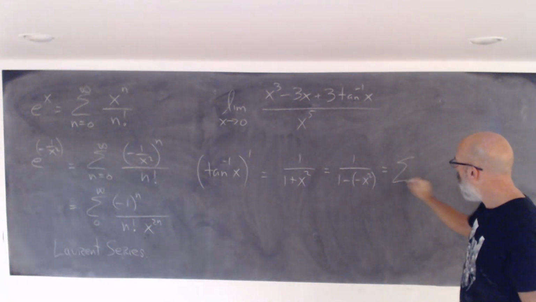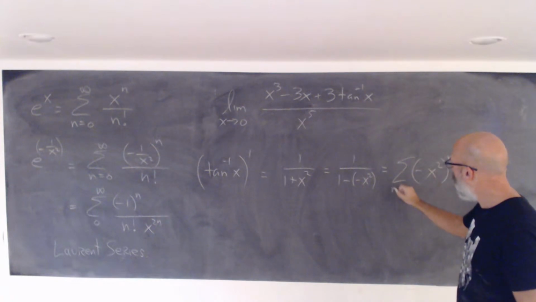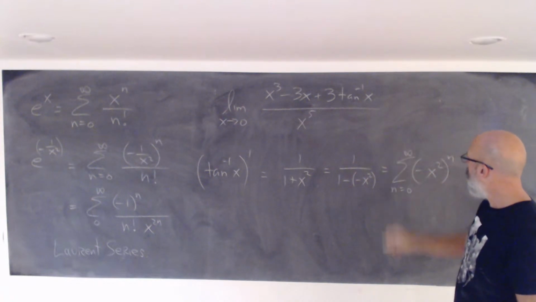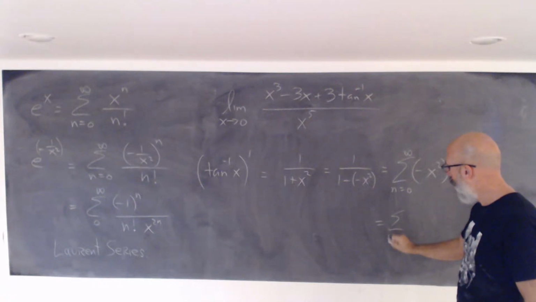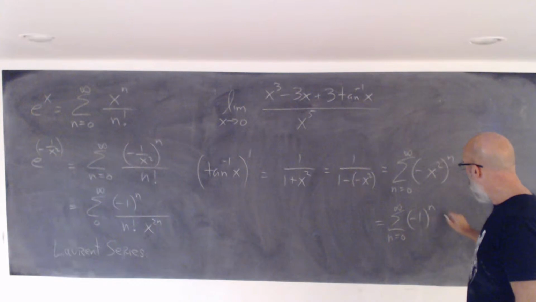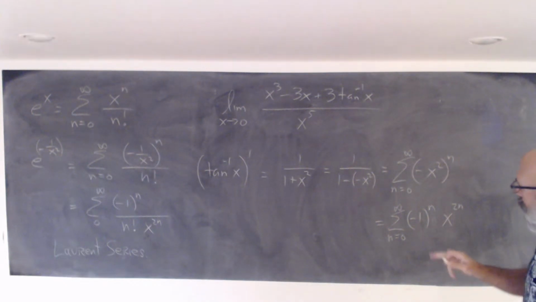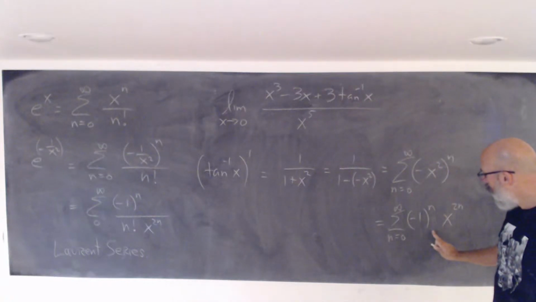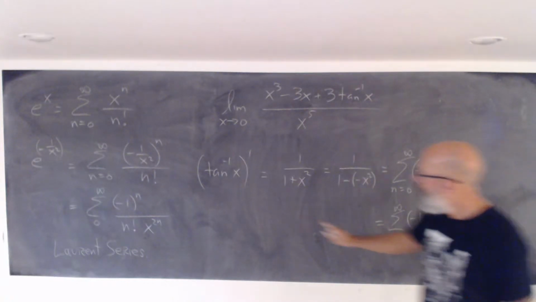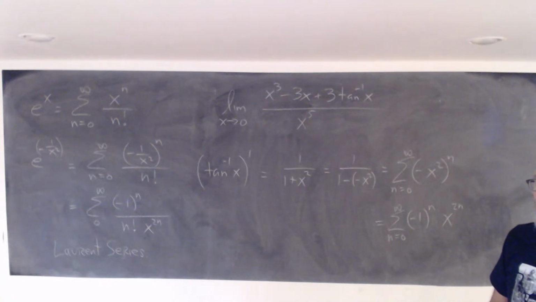So that is negative x squared to the n. Or, if you prefer, negative 1 to the n, x to the 2n. So this is the Maclaurin series for the derivative of the arctan function.